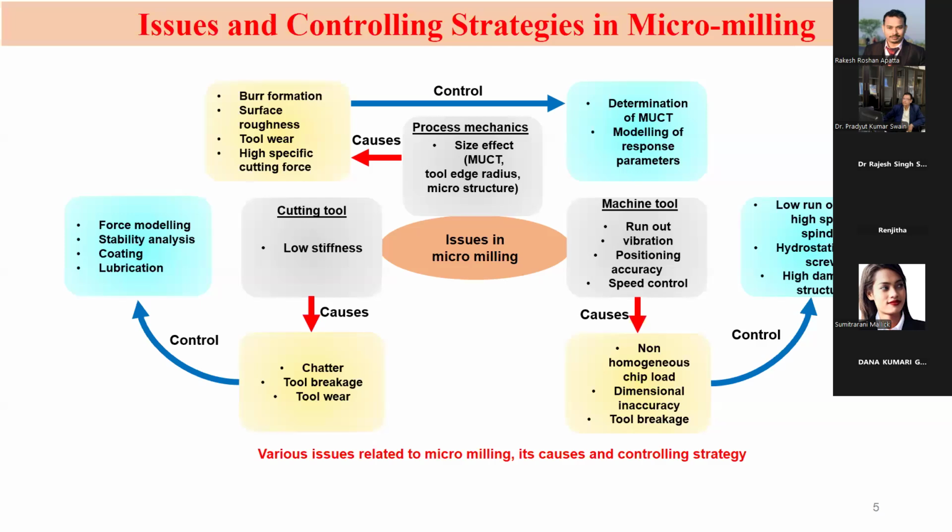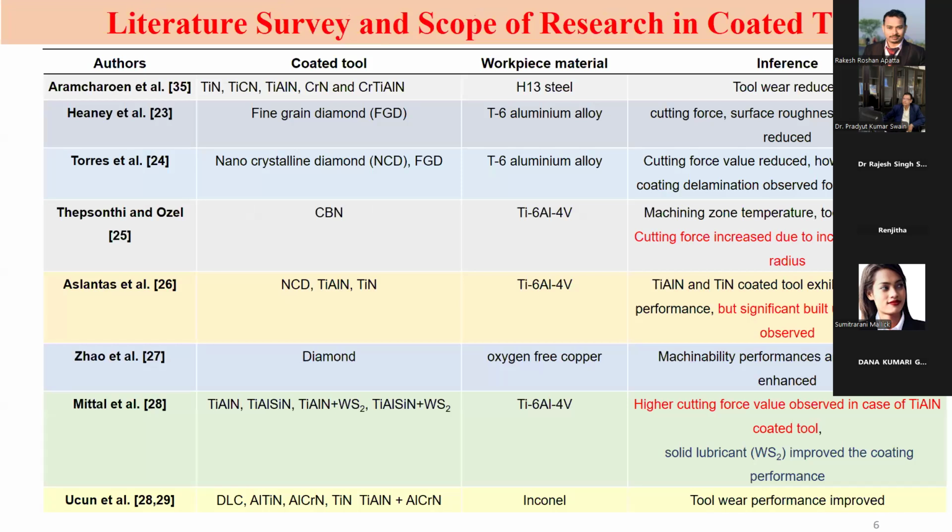In this presentation, I will focus on coating, how we do coating and how we can avoid this problem. Obviously, for any research work, we do some excellent literature survey.